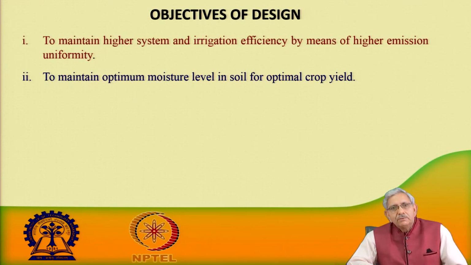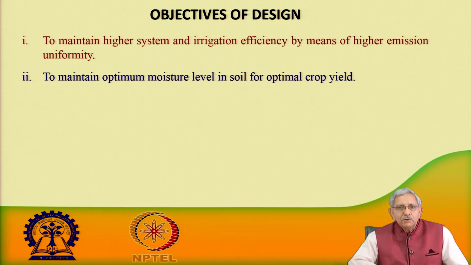When we talk of drip irrigation system design, our aim is to achieve higher irrigation efficiency, means we are interested to get high emission uniformity from the drip emitters.